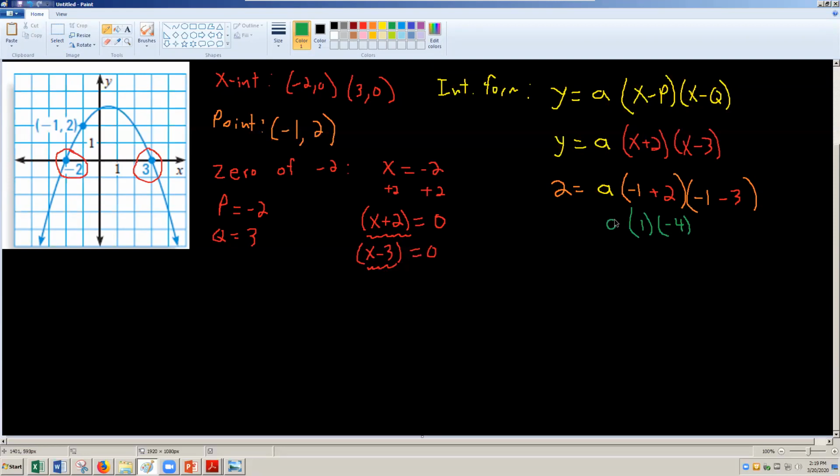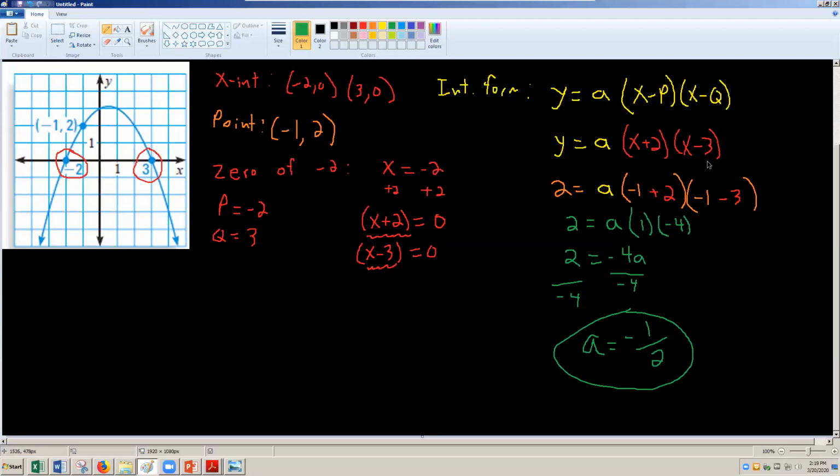And I have a times all of this. So this is just going to be -4a equals 2. So I'll divide by -4, and I get a is equal to -1/2. So that's not my final answer, but I'm very, very close.